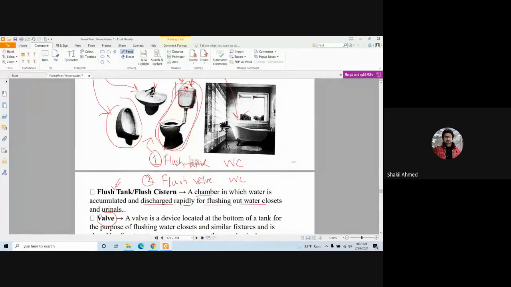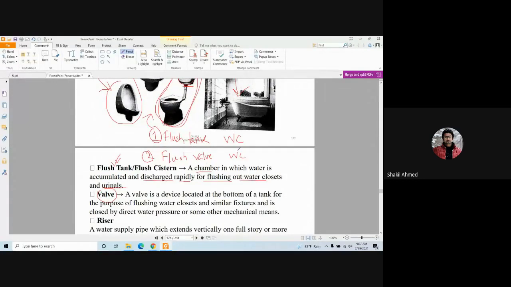What is valve? Here is a valve. When you flush it, the valve gets removed and the water quickly dissipates. So I was talking about flush valve water closet.